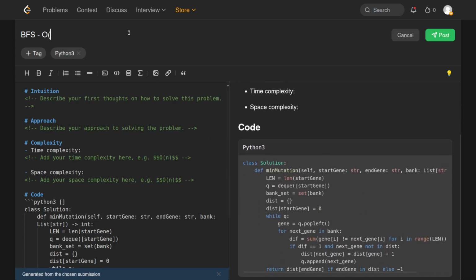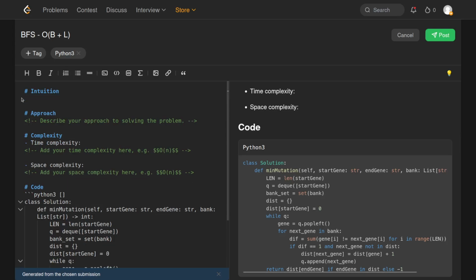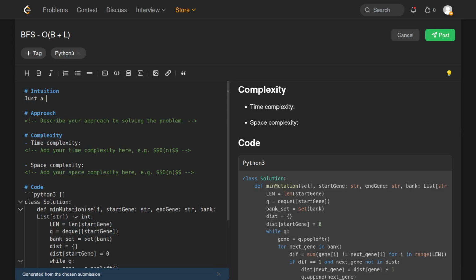You can have at most what, bank vertices, plus for each vertex we do length, so let's call it B plus L. So it's just a shortest path problem.